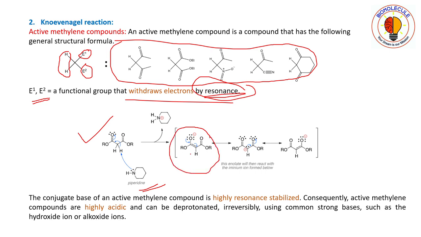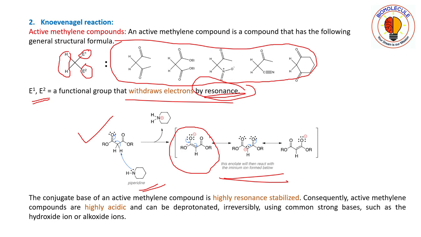Now this enolate form is resonance stabilized. If we look over here, that nitrogen takes the proton, then the proton gives its bond to form the carbon-carbon double bond, and the pi electron is withdrawn by oxygen. So oxygen bears a negative charge and there is a carbon-carbon double bond.